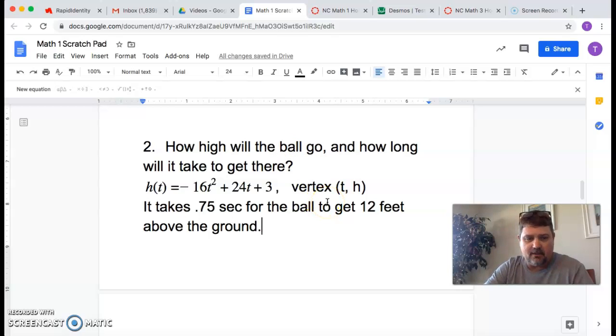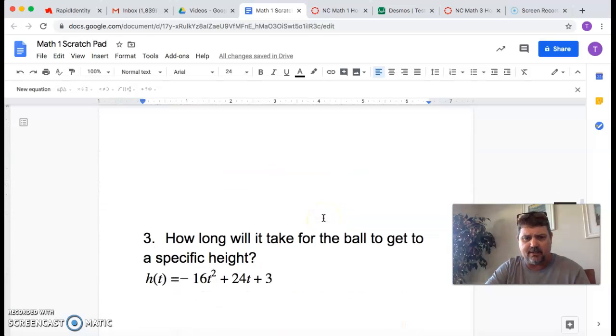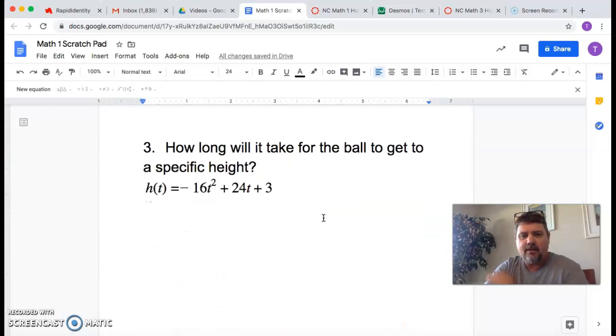And if we get time, we'll come back and do it by hand because you could. I just want to make sure we don't run out of time on this. Okay, now, this one right here can probably be the more tricky question. It says, how long will it take the ball to get to a specific height? I didn't specify in this question because this is the one that can typically mess people up.